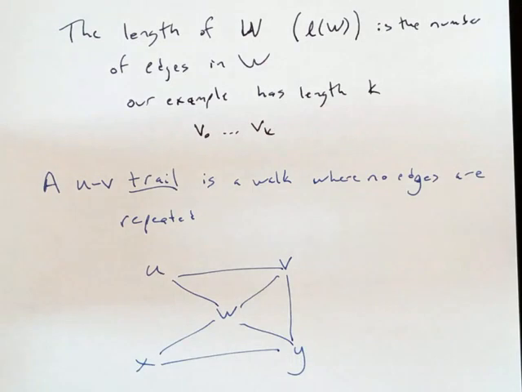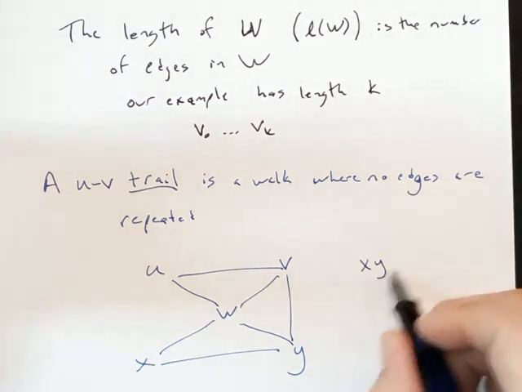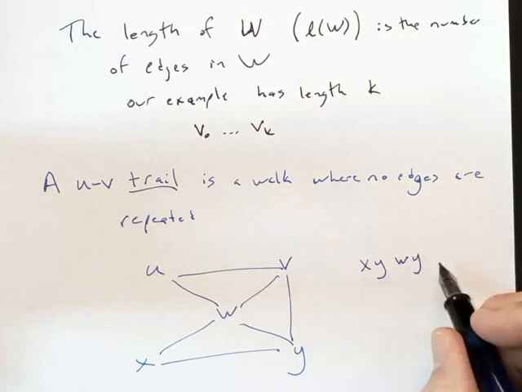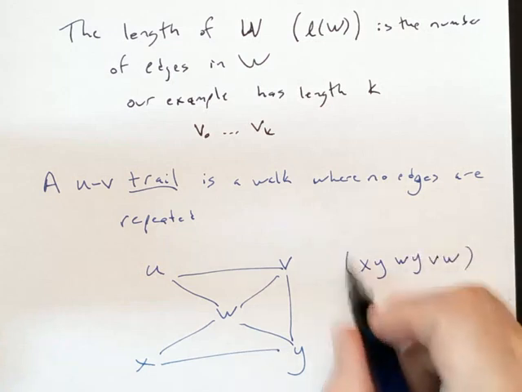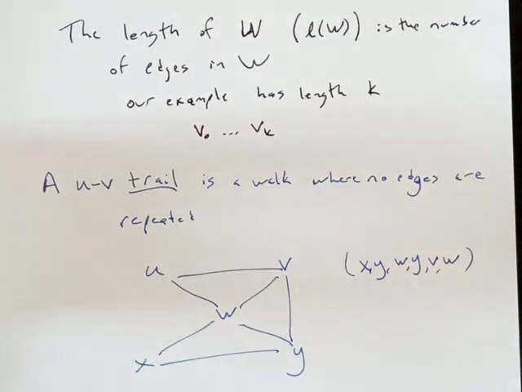Page 12, figure 16. Here's a walk: X, Y, V, Y, W, V. Sorry, VW.